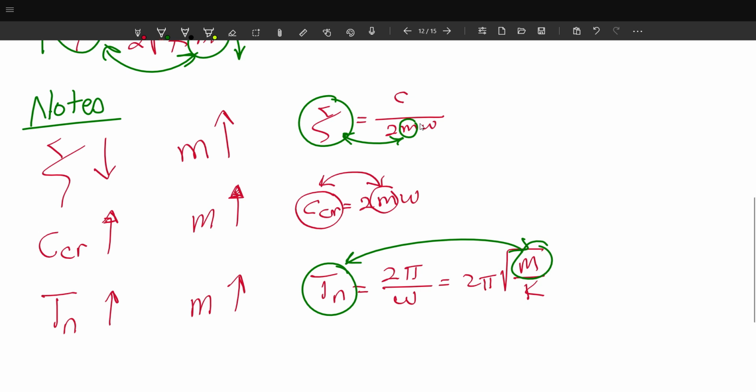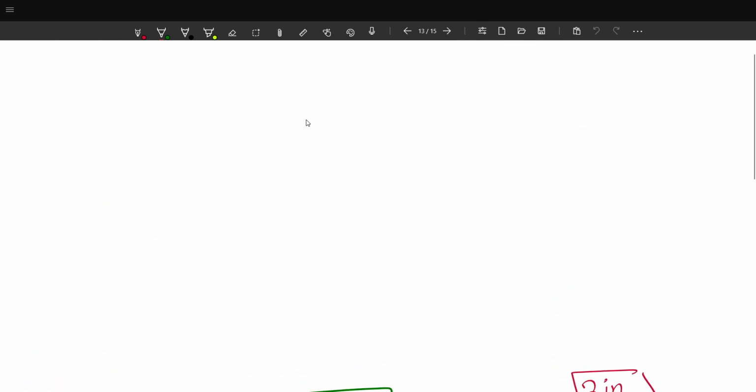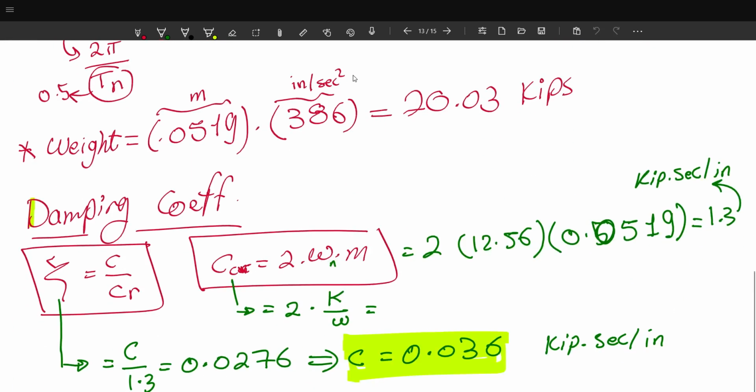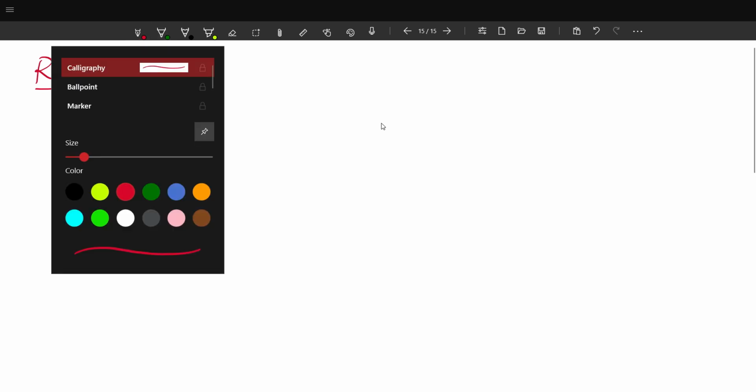The last thing is some important things to remember. I'm going to put it like "remember". Remember these equations, because I think they are going to be very important for you. I'm going to put them in thick lines.